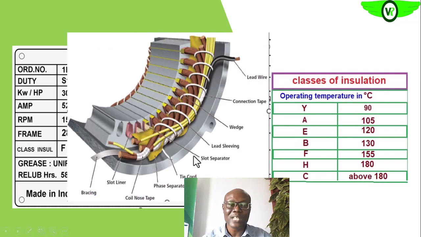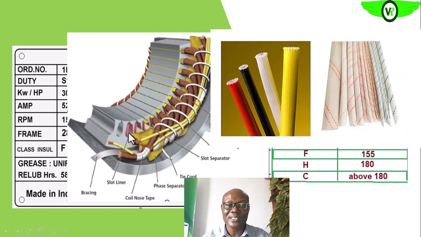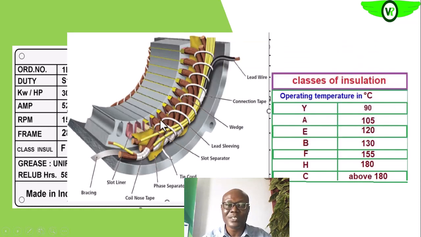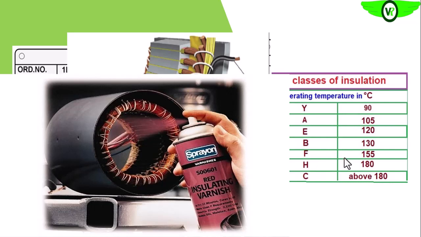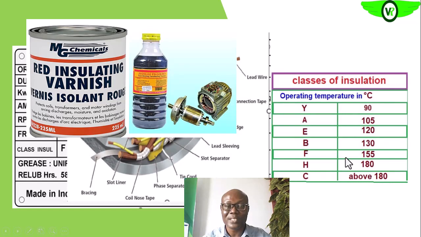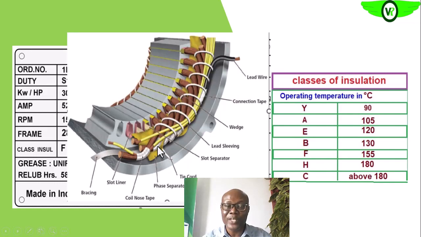All of these materials, the sleeve rings, the slot liner, this lead rod that we have here, all of these cable ties, they should be able to meet the class F temperature that all class F material will be able to withstand. If not, you'll see that this insulation will fail, and once it fails, it can cause shorting of the windings.